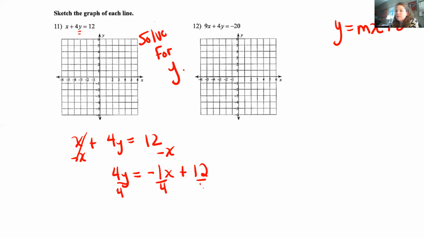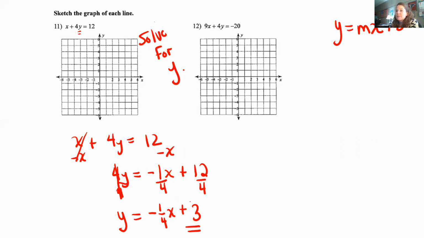Divide everything by 4. Y equals, because 4 divided by 4 is 1, and 1 times y is y. I'm going to leave this in fraction form. I'm going to leave negative 1/4 x plus 12 divided by 4 is 3. So I'm going to graph it by starting with my y-intercept.